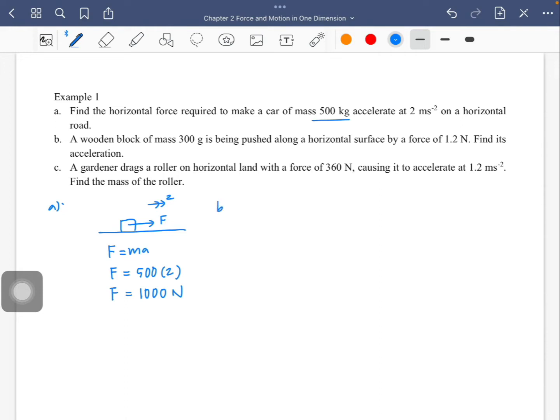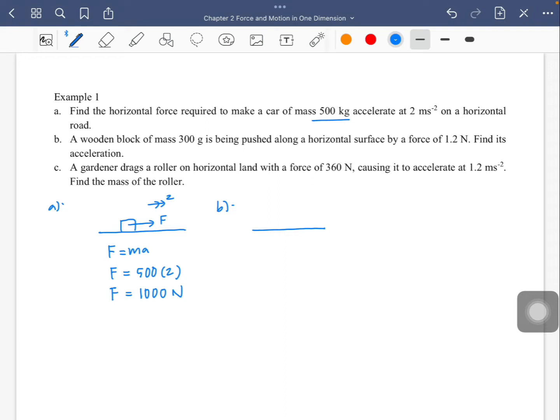And how about B? For B, we have a wooden block of mass 300 gram being pushed along a horizontal surface by a horizontal force of 1.2 Newton. Find its acceleration. So they give us the mass and the force. Again, actually without the force diagram we can still solve this, but since we want to practice drawing force diagrams, we just draw the force diagram to illustrate the problem.